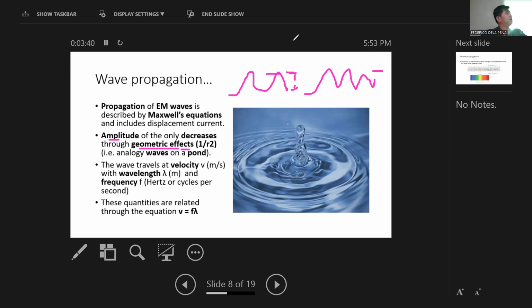Kita. Kita. It's weird. Nag-annotate pa naman ako. Wait lang. Weird. Wait lang.